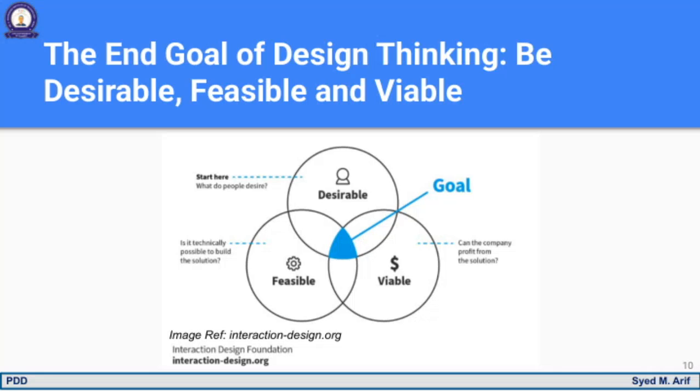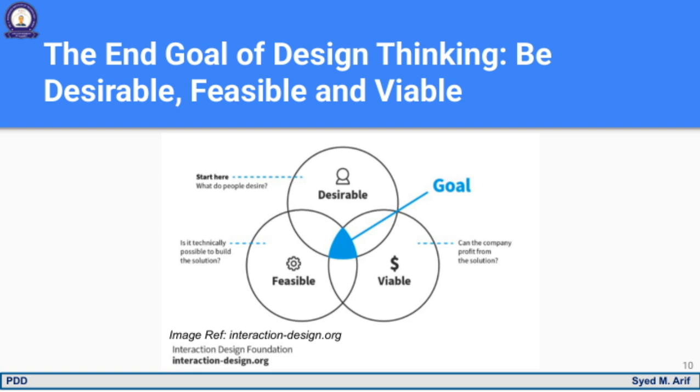Let's talk about the ultimate goal of design thinking. Essentially, it's about creating solutions that are desirable, feasible, and viable. These three elements form the core of successful design. When we say desirable, we're focusing on understanding what users truly want and need. It's about empathy and making sure the solution resonates with people on a human level.